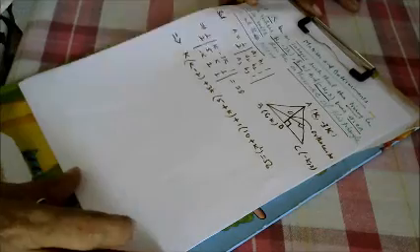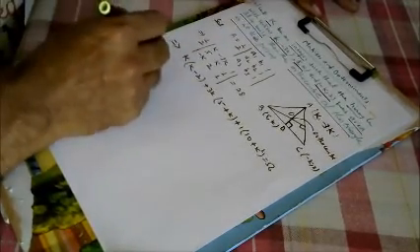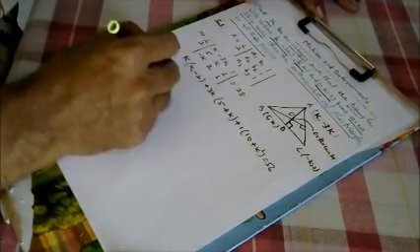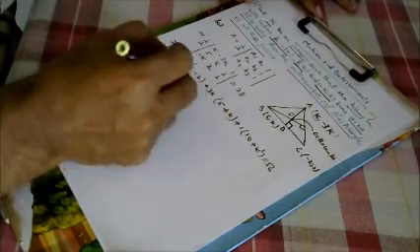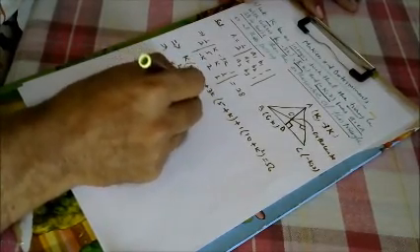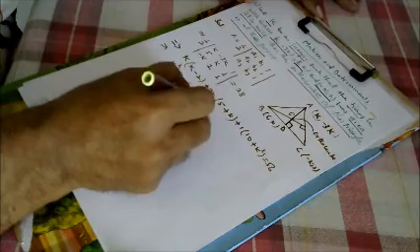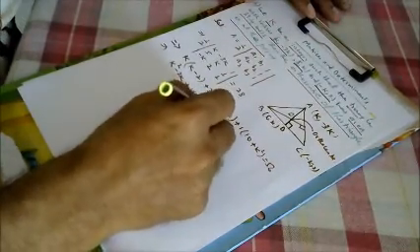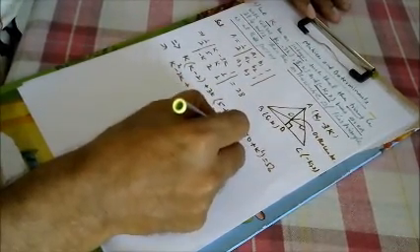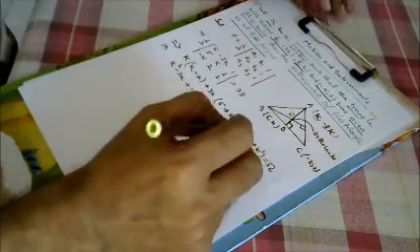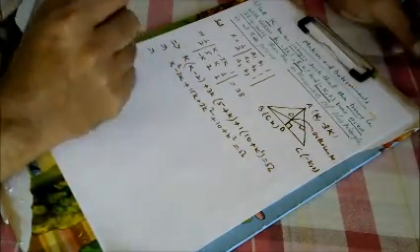Now we have to solve it, so it will become k square minus 2k, then plus 15k plus 3k square, then plus 10 plus k square is equal to 56.